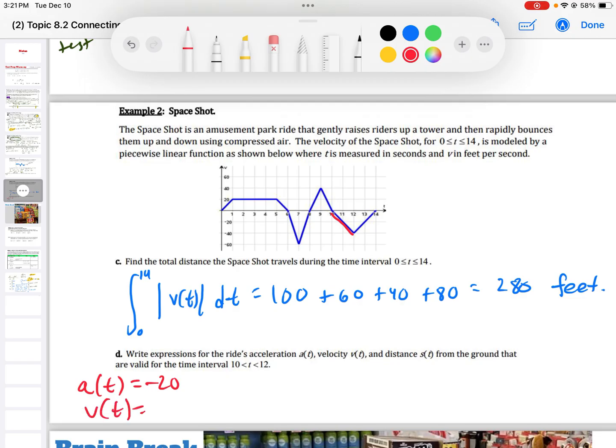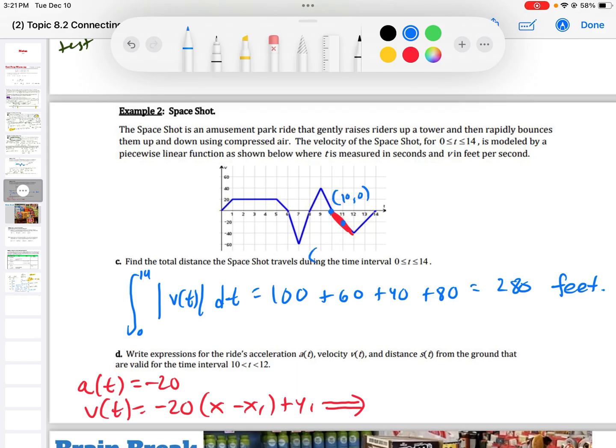All right. The velocity is the integral of that. So what's the velocity? What's the equation of the line there, right? So I could do it two ways. I could find the equation of the line there, which would be the slope is negative 20, x minus x1 plus y1, which gives me, okay, I'm going to use the point, I could use several points.